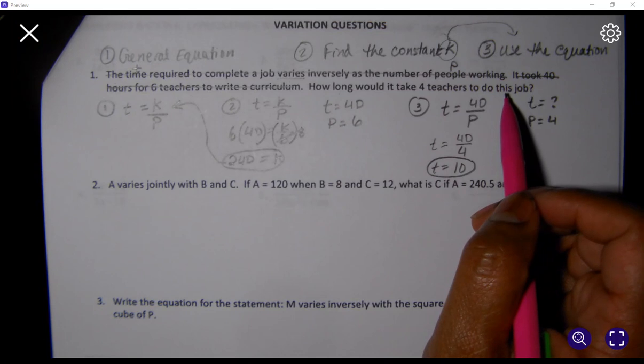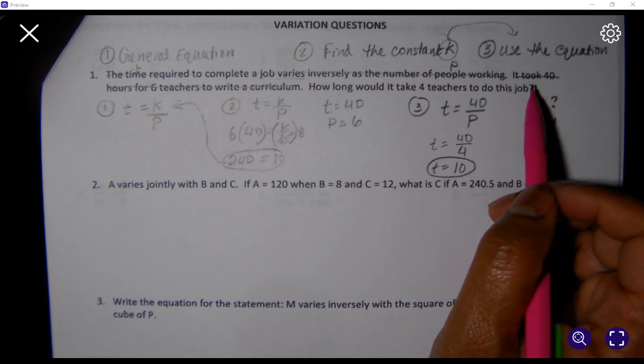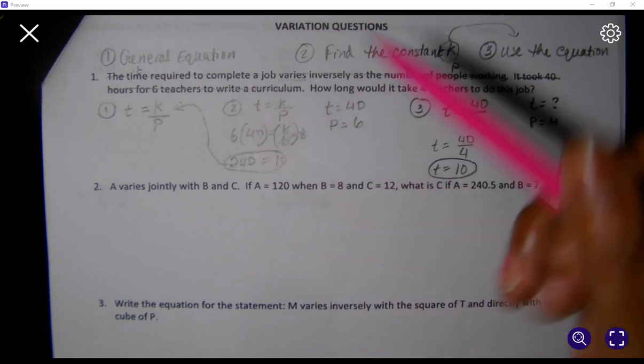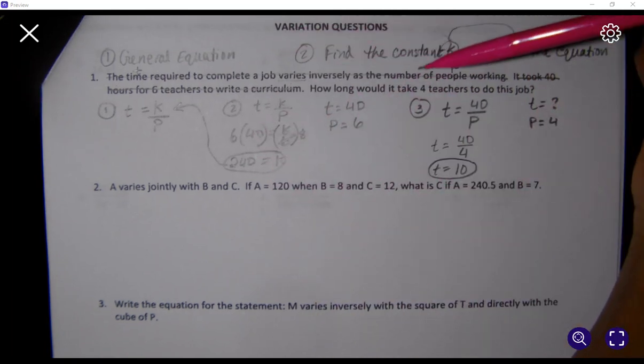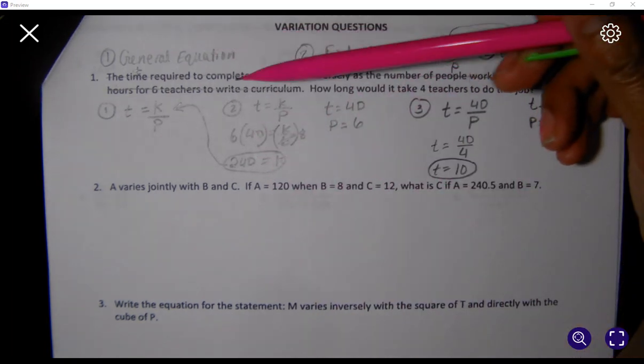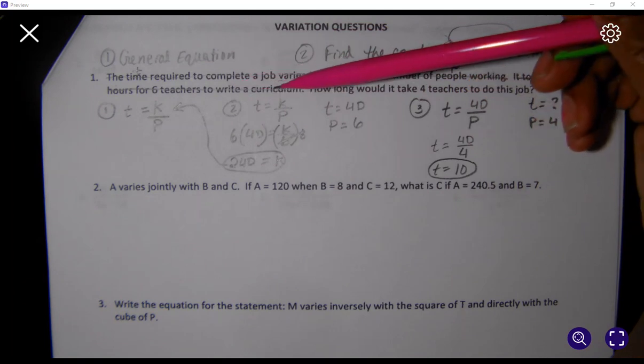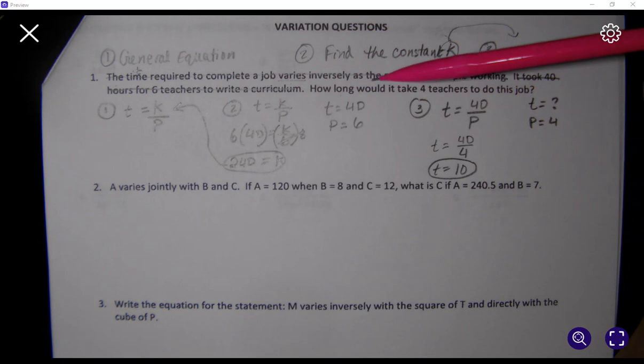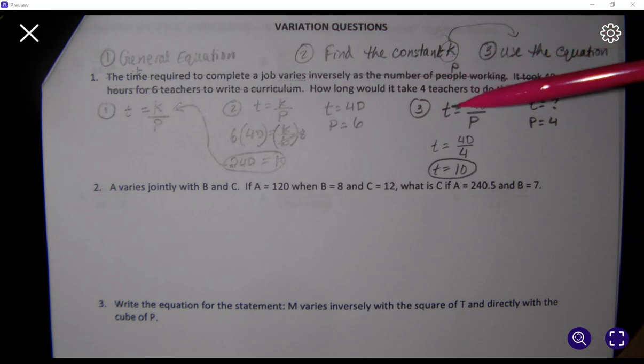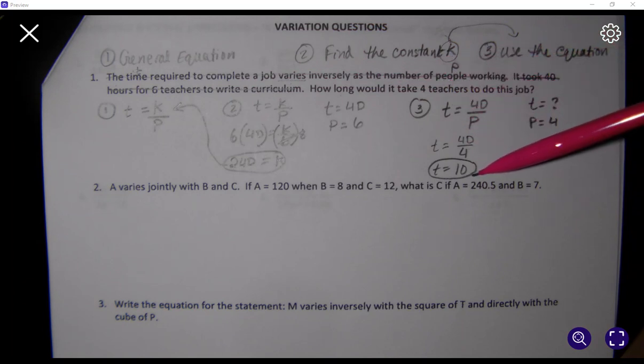Okay, so it took 40 hours for 6 teachers. That doesn't make sense. Hold on. It took 40 hours for 6 people to do the job. How long will it take 4 teachers? Because it should take them longer, right?